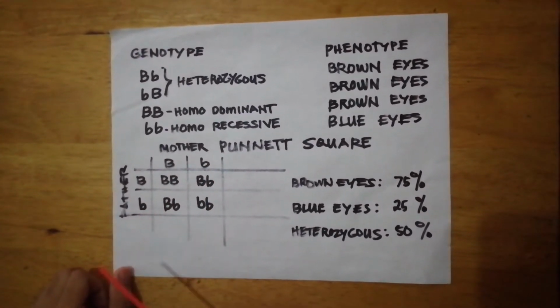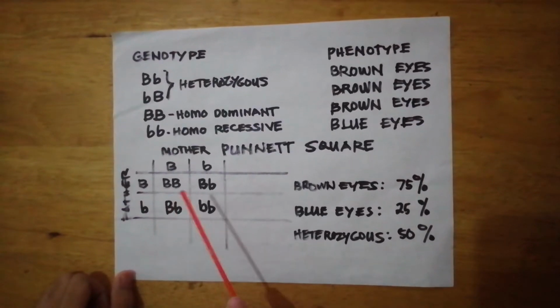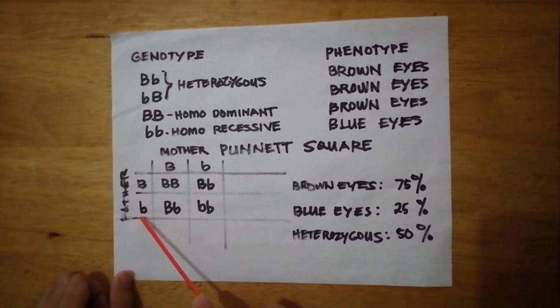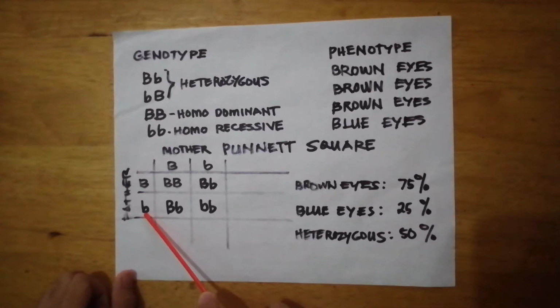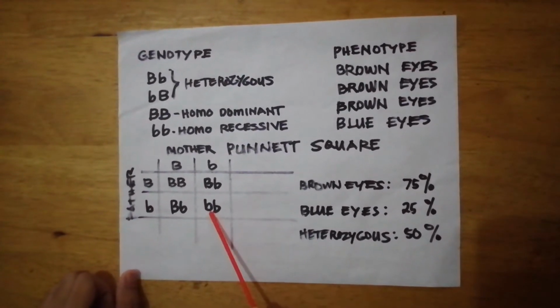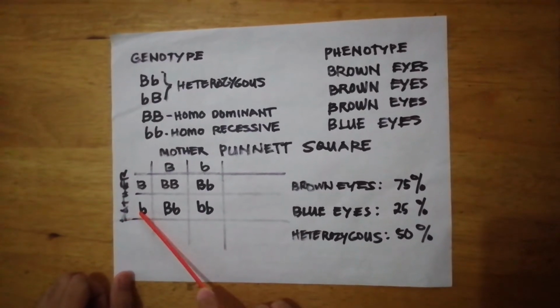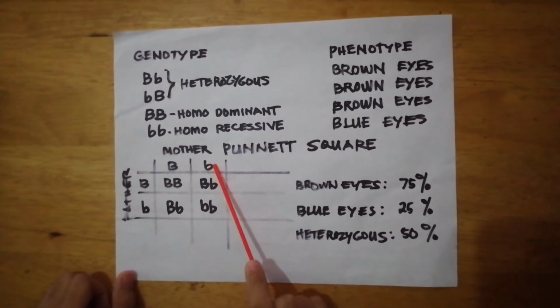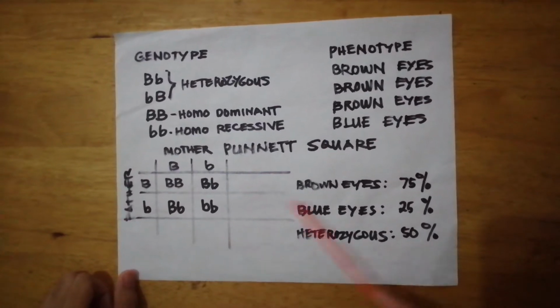The third box has again heterozygous, the dominant allele from your mother and the recessive allele from your father. The last box has homo-recessive, a recessive allele from your father and a recessive allele from your mother.